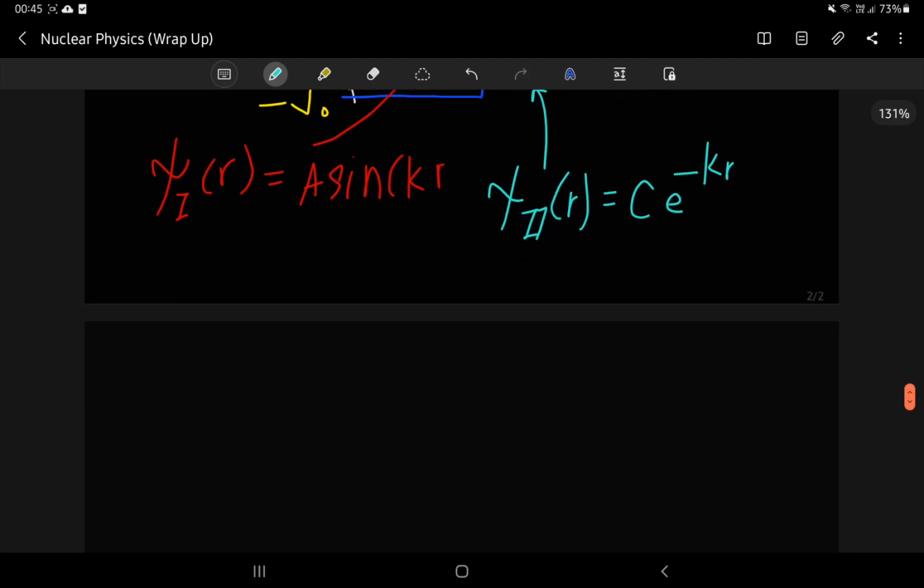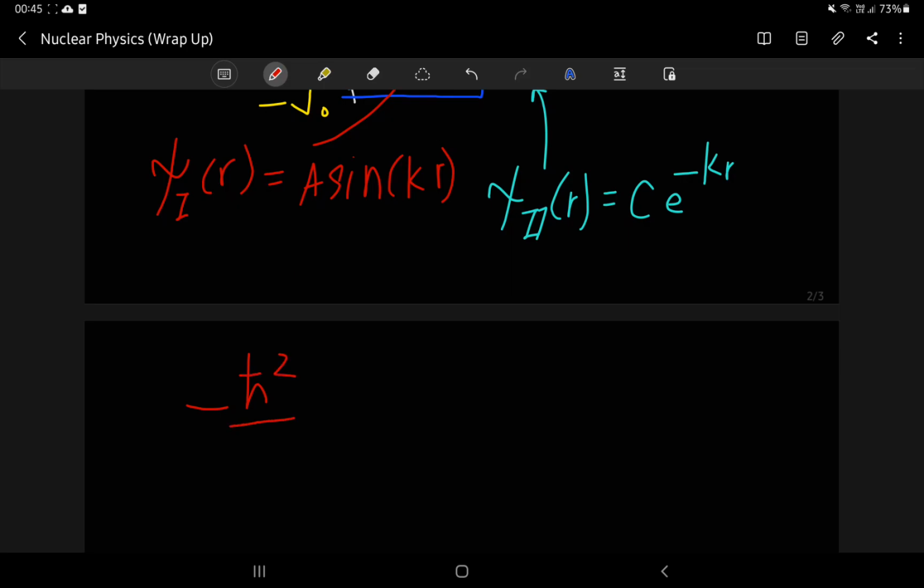Okay, if you solve the Schrodinger equation, i.e. if you get the solution, so the Schrodinger equation basically tells us minus h bar square over 2m d square over dx square plus the potential is we got the E psi.